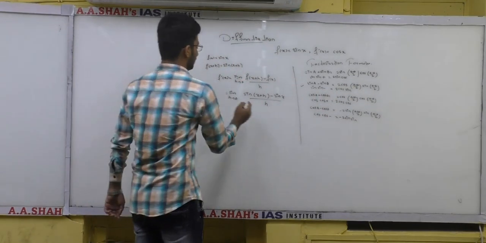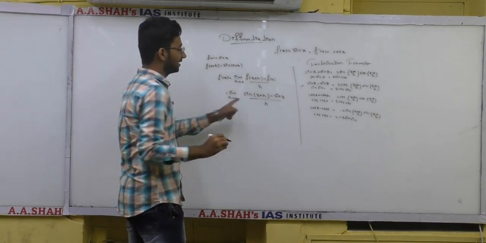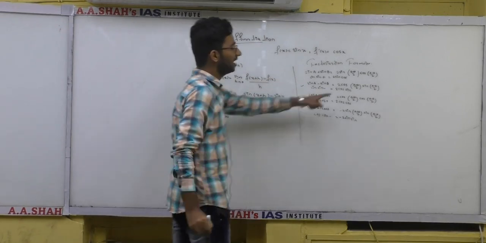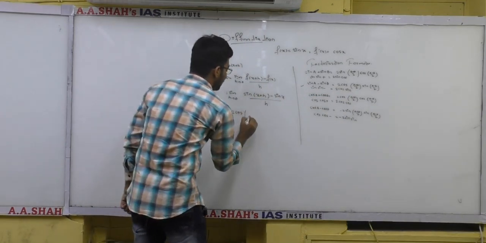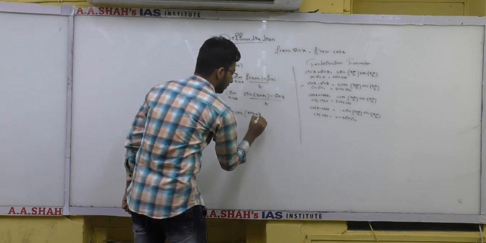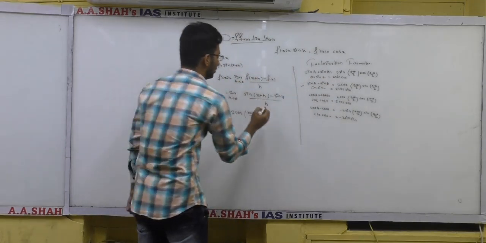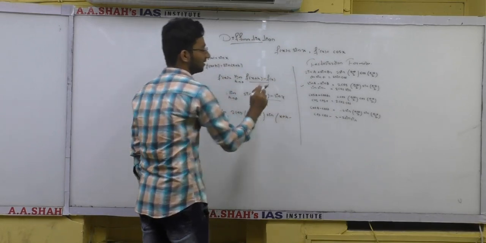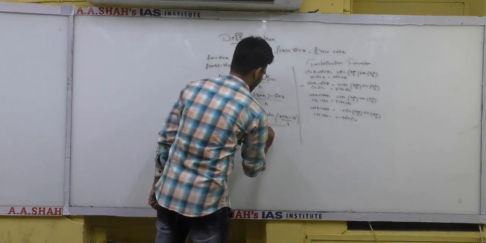So now what we'll do: limit h tending to 0, 2 cos((a+b)/2) sin((a-b)/2). Here a is x+h and b is x. So a plus b means x+h+x, upon 2, and a minus b is x+h minus x, upon 2, all upon h.